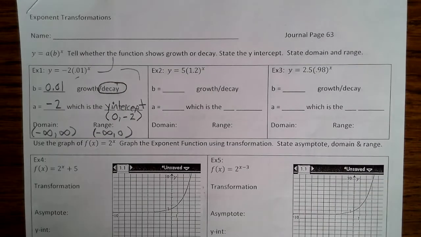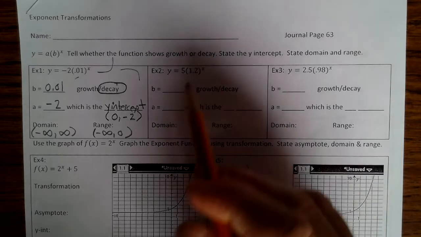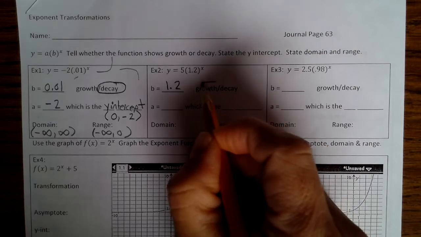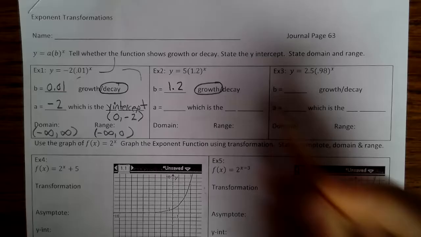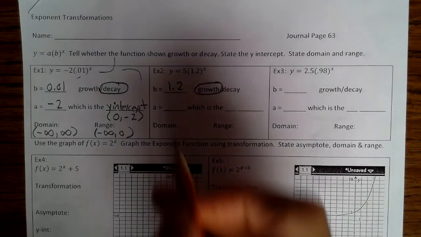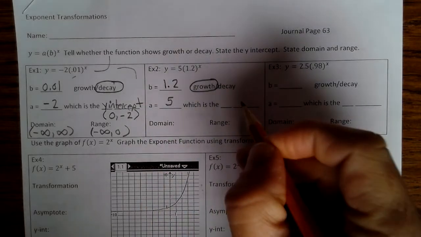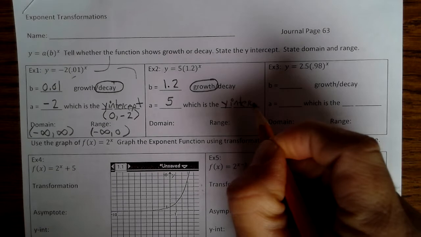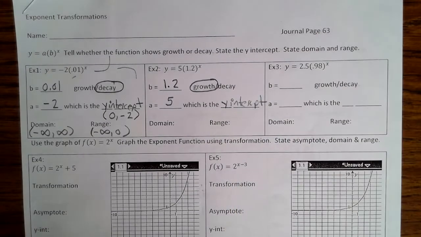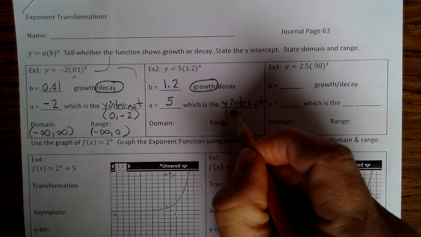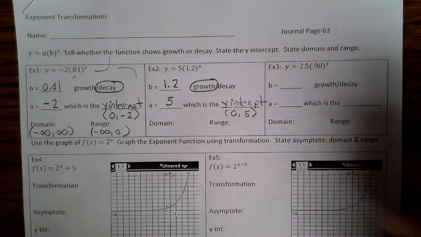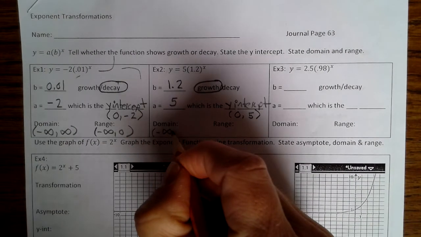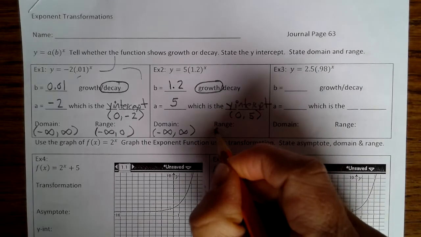Now, the b value is 1.2, which we know is greater than 1, so it's growth. The a value is the number in front of the parentheses, so that's 5, which is the y-intercept, in this case (0, 5). Now, the domain for exponentials is always negative infinity to positive infinity. In this case, the range is 0 to infinity.